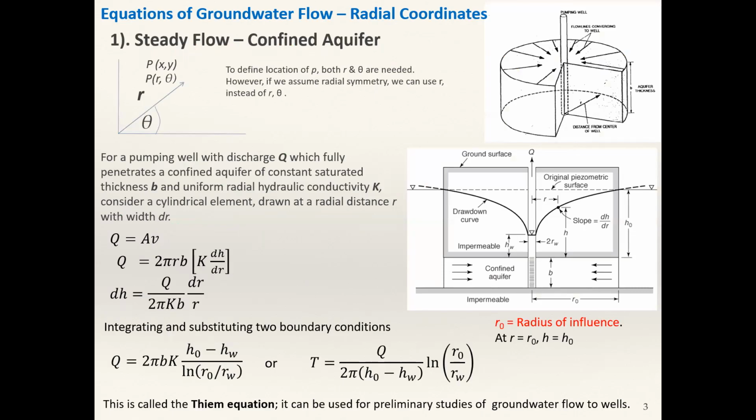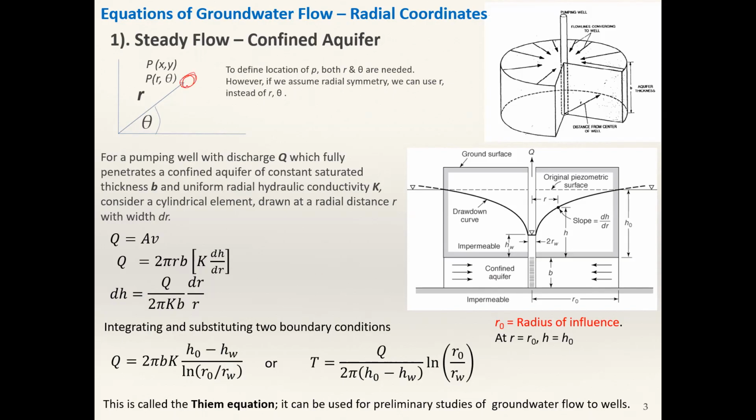Now about the radial groundwater flow equation. Think about an aquifer. If you want to discuss the head at any point in this aquifer, and you are using the Cartesian coordinate system, you will use X, Y, and Z. Let's say we are talking about a horizontal plane.